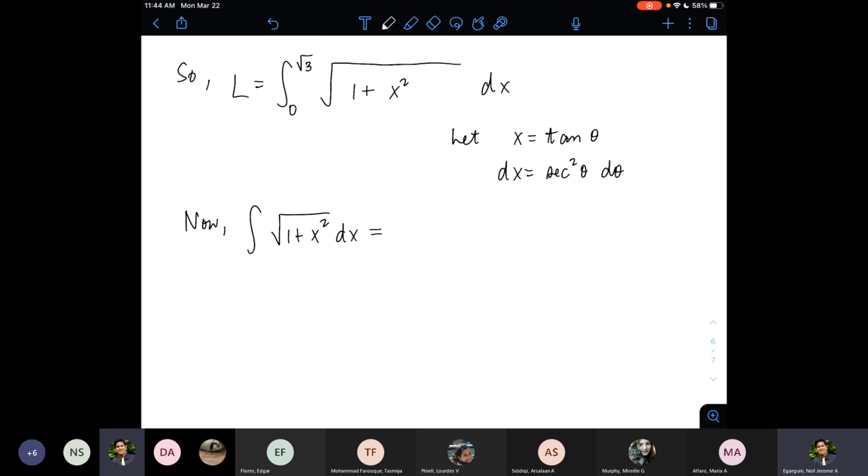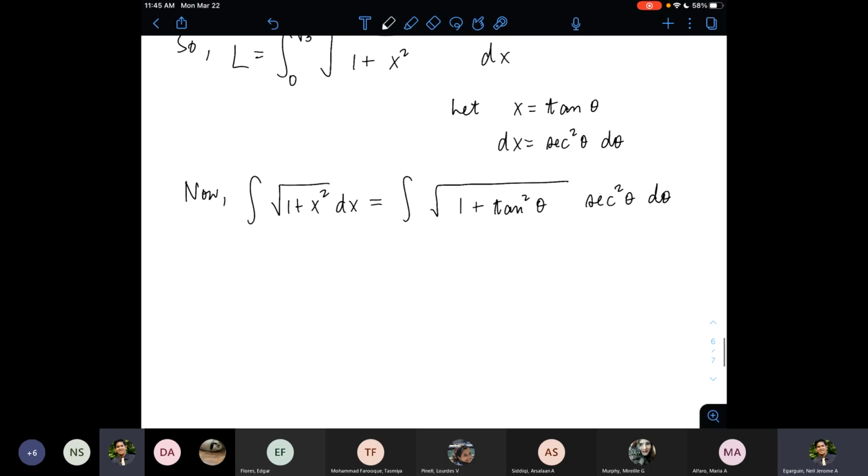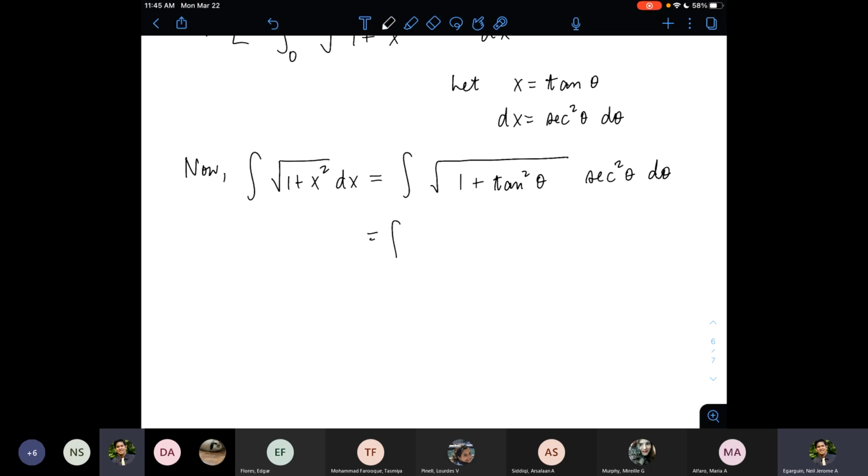And then I'll perform the trigonometric substitution. I'll replace x by tangent theta, so we'll have tangent squared theta over there, and dx will be replaced by secant squared theta d theta. Then I'm going to use the Pythagorean identity that tells us 1 plus tangent squared is secant squared theta, and we have a secant squared theta outside.